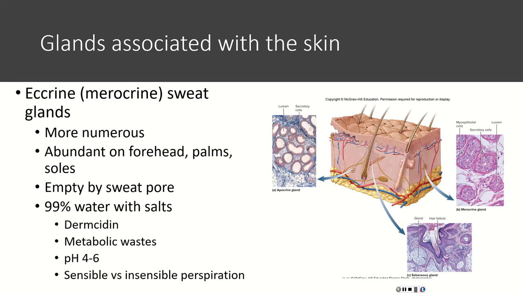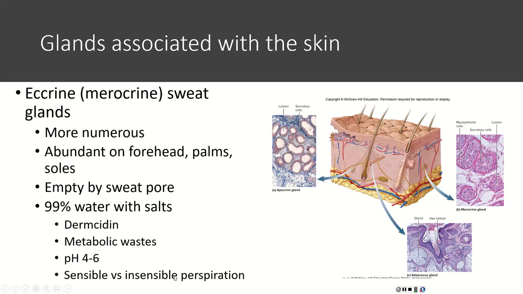Now let's talk about sensible versus insensible perspiration. We are always sweating. The majority of the time, that sweat is evaporating so fast, as soon as it's produced, that we don't even know it. That's called insensible perspiration.